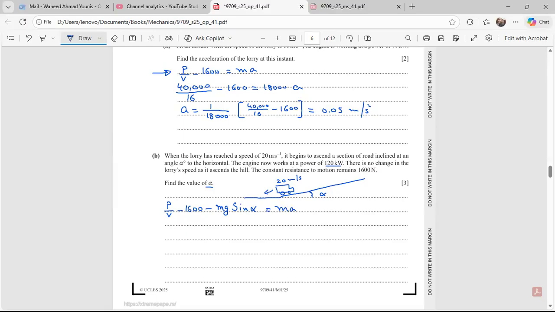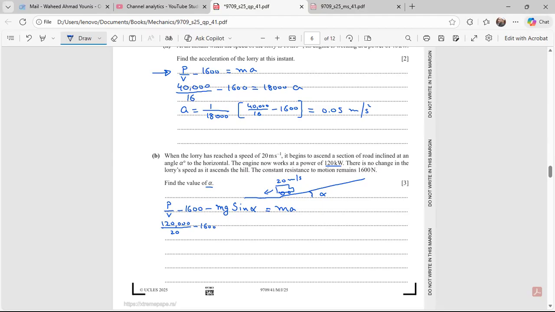So the power right now is given as 120 kilowatt. So 120,000 over the speed at this time, which is 20 meter per second, minus 1600 and minus ma, but ma is zero.